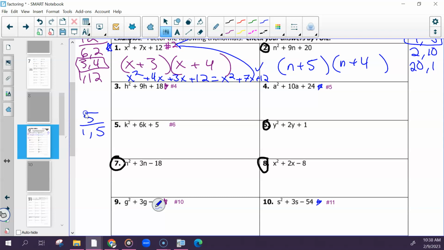How would we write those final factors? What would it start with? K. And then what would we put? Plus 1 or plus 5, doesn't matter. And then the other one? However you wrote it.